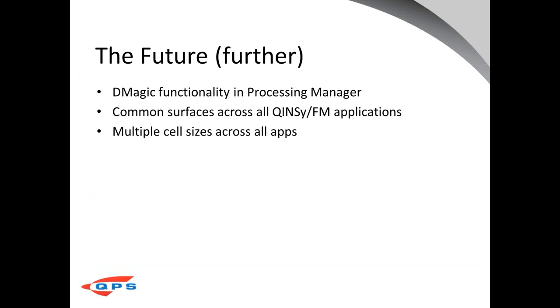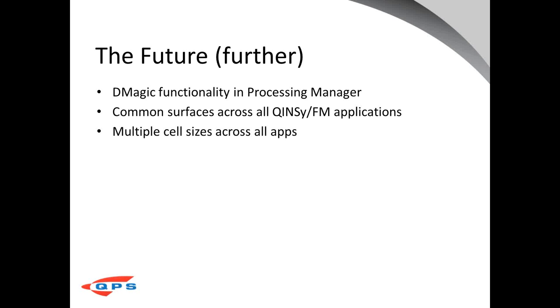The future further functionality is really morphing, if you like, DMagic into Processing Manager. So rather than having to switch, you'll have everything within Processing Manager. You select the area that you want to make the PFM from, to create the grid. All of that DMagic functionality will be there in Processing Manager.